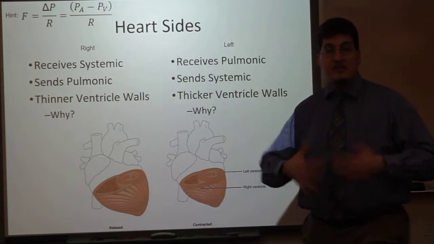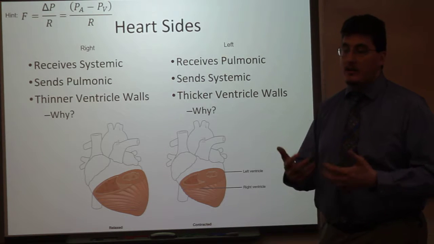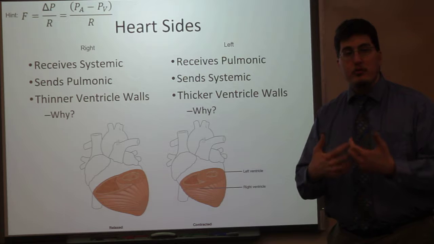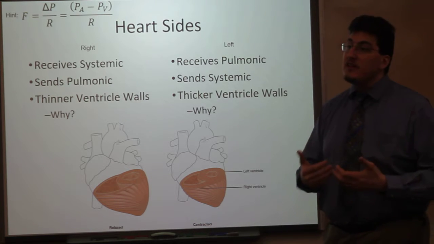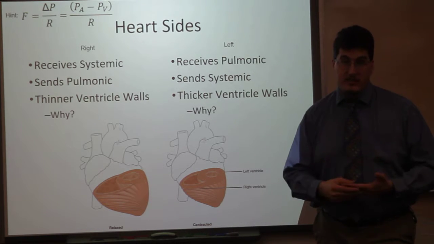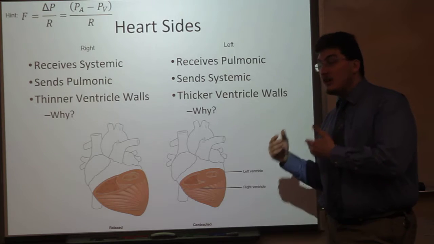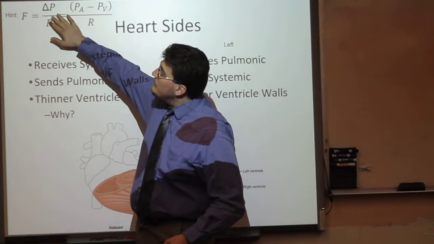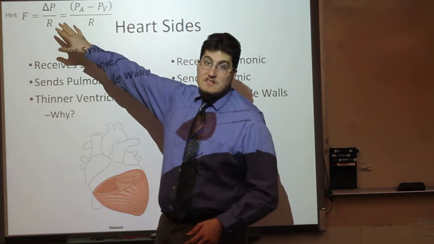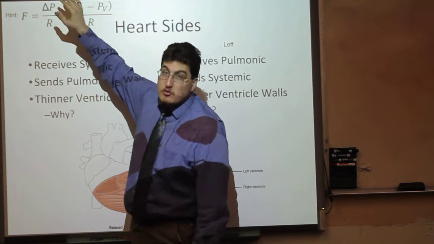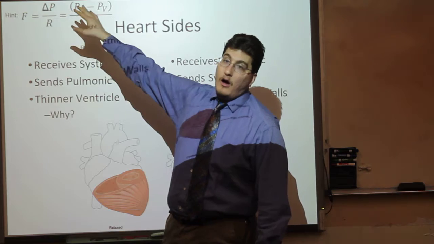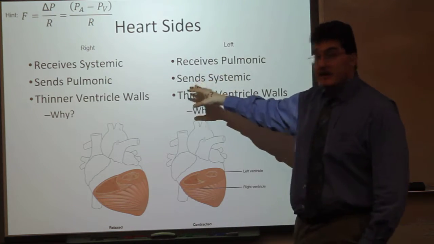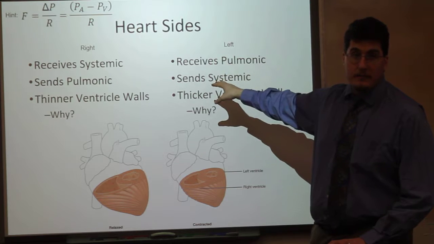All of those different organ systems are in your systemic system. And that has a total peripheral resistance that is significantly higher than the pulmonic resistance. So if the R value, the denominator, is larger on one side, then that means the driving pressure on the left side, which is sending to the systemic system, needs to be significantly larger.